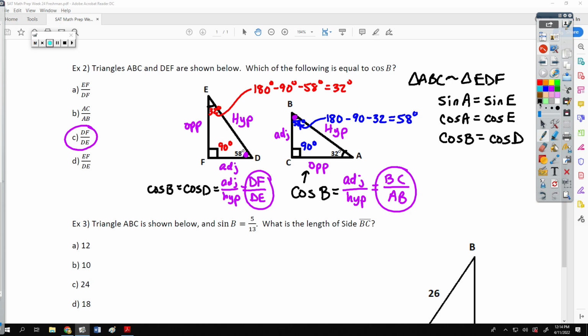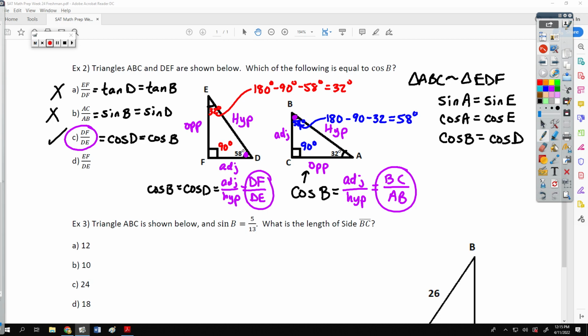Now these others, they're all equivalent to trig functions. Okay, EF over DF is opposite over adjacent. That is the tangent of angle D, which would be equal to the tangent of angle B. AC over AB would be the sine of angle B, or the sine of angle D. We just figured out DF over DE is in fact the cosine of angle D, which is equivalent to the cosine of angle B. That's the correct answer.